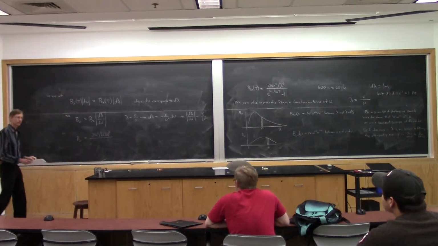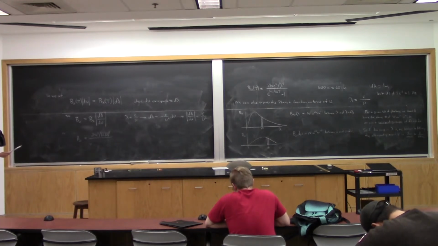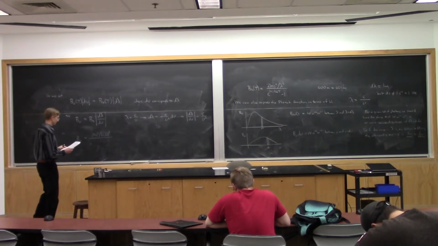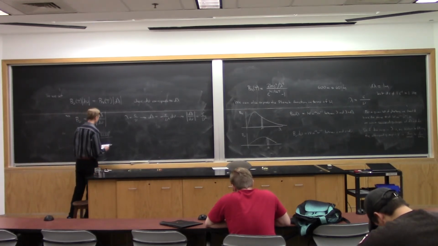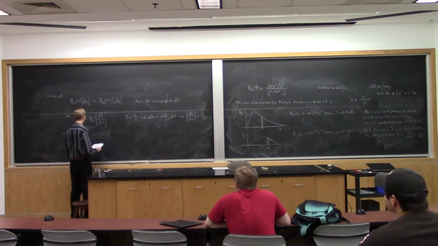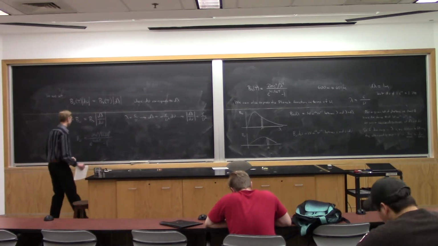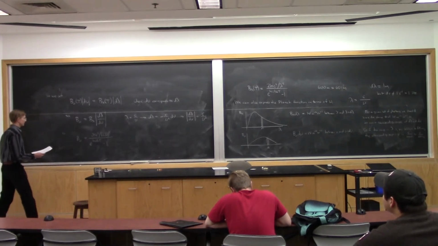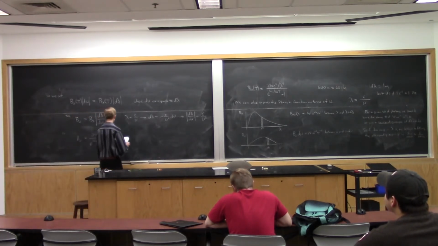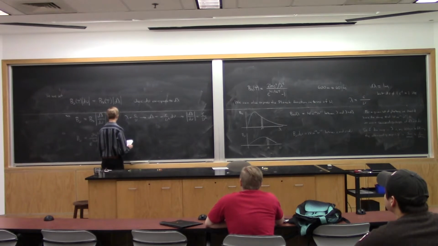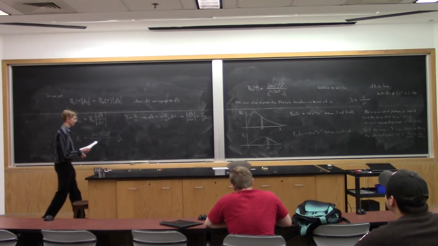So I am making the substitution to write B lambda in terms of nu, over e to the hc over lambda kT, which is e to the h nu over kT minus 1, times that correction factor of c over nu squared.